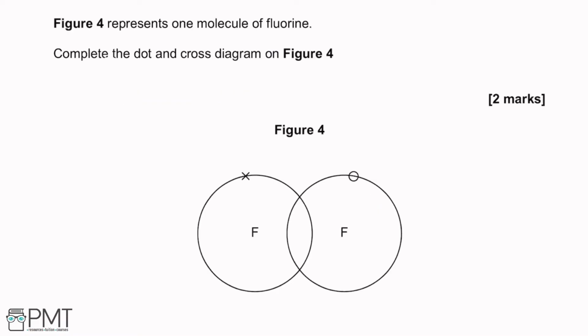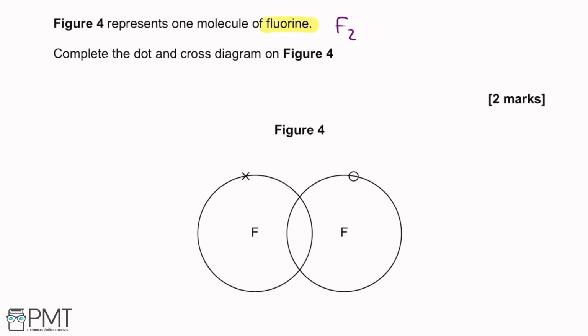Figure 4 represents one molecule of fluorine. Complete the dot and cross diagram on figure 4. So, fluorine is one of the halogens, which means it's diatomic. So, just like we said chlorine was Cl2, fluorine is F2. So, let's look at what's happening on figure 4.